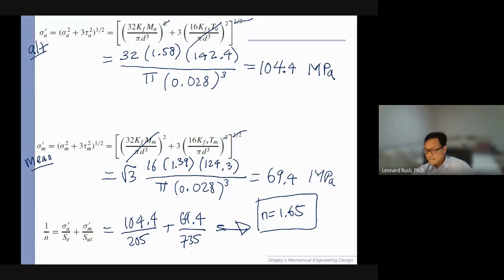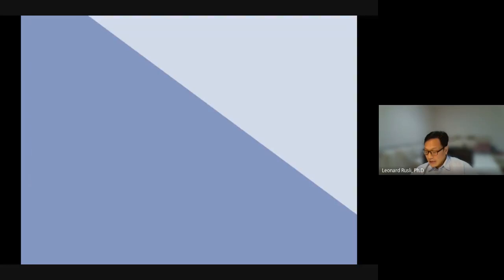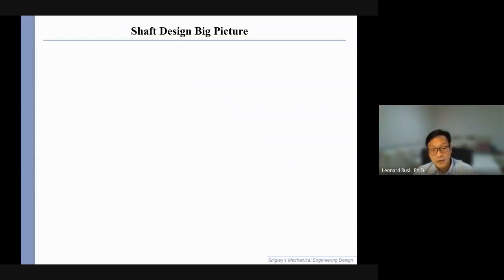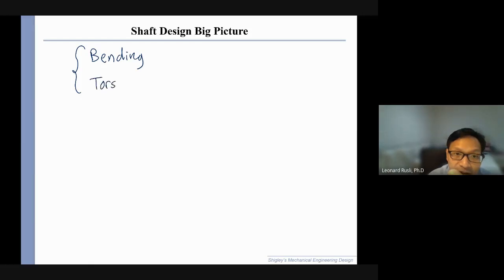All right? Any question so far? So I would like to give you kind of the big picture of what we did, right? Shaft design. Remember, there is two kinds of loading: the bending and the torsion. Shaft loads are composed of bending and torsion.